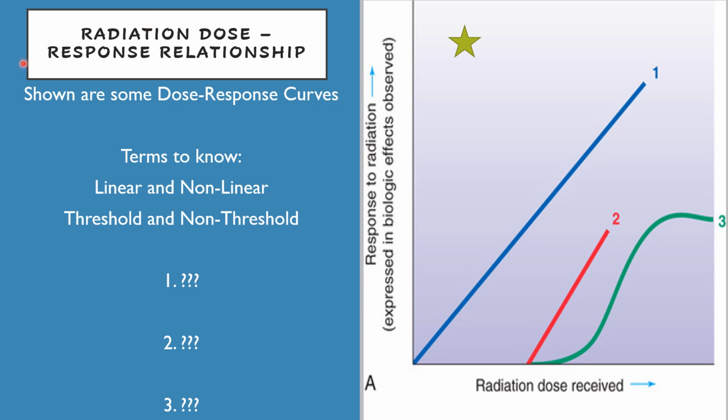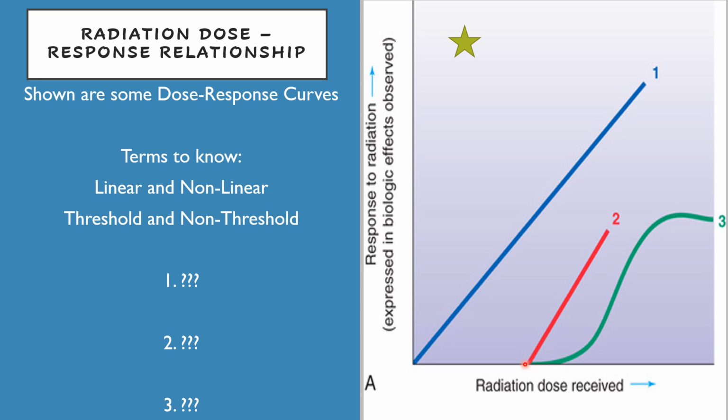Radiation dose response relationships. Shown are some dose response curves. I may ask you on a quiz or test, and definitely on the registry, you will probably see this exact graph, or something very similar. Straight line from the zero axis, from zero right here. This would be the y-axis, x-axis. So from the 0, this is the linear non-threshold, saying that any dose can cause a response.